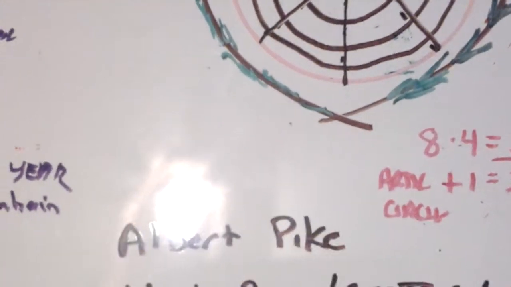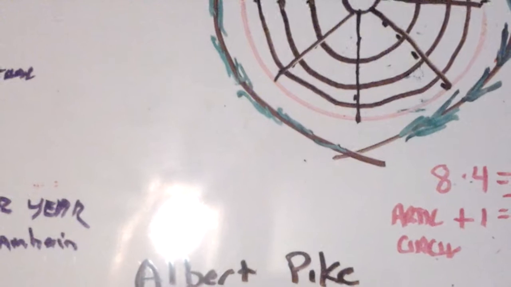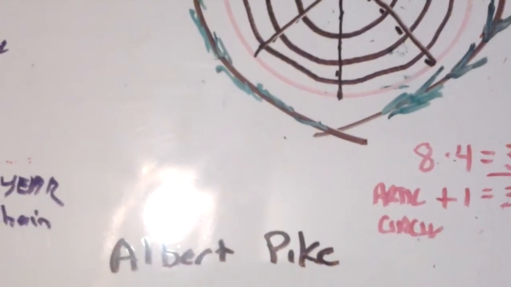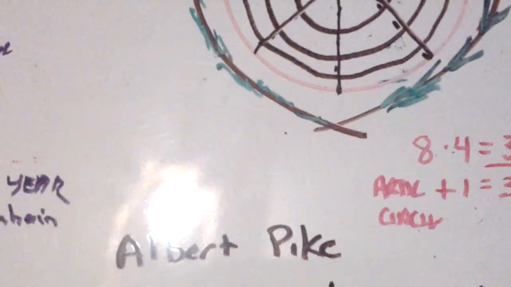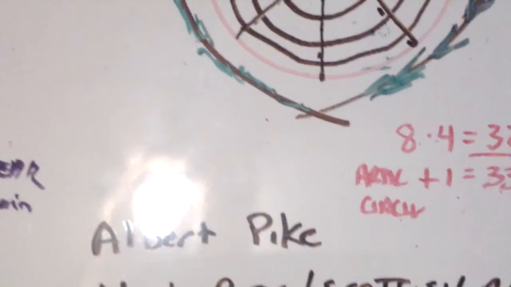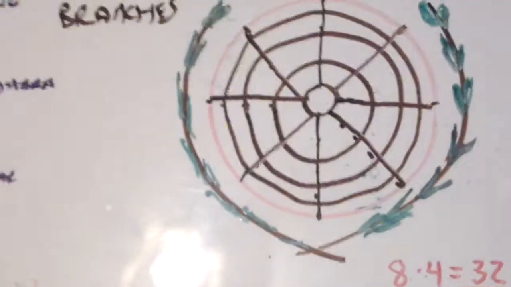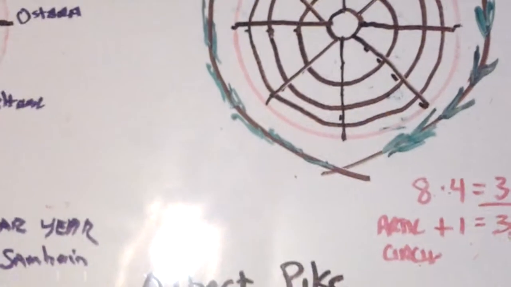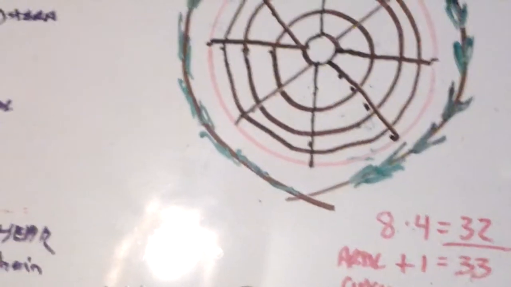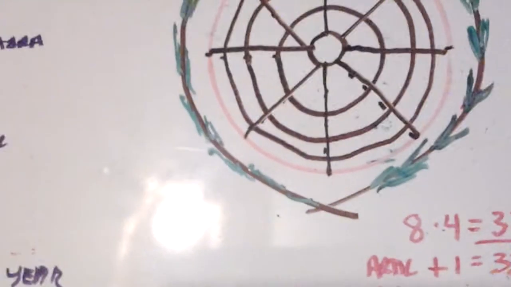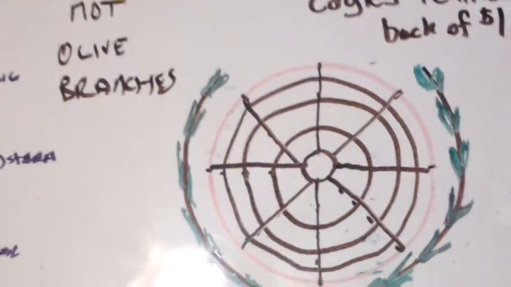Pike will mention in Morals and Dogma, which is the most dry reading you could ever have, and he plagiarizes virtually every religion on earth, that once you get to the 30th, the 31st, and the 32nd, it's okay to tell the initiate who they really worship, and it isn't Jabulon or Baal, it's Lucifer. And it even says, this is almost a direct quote, once the initiate gets there, the seething energies of Lucifer will power him.